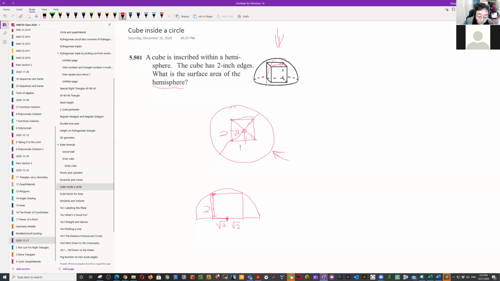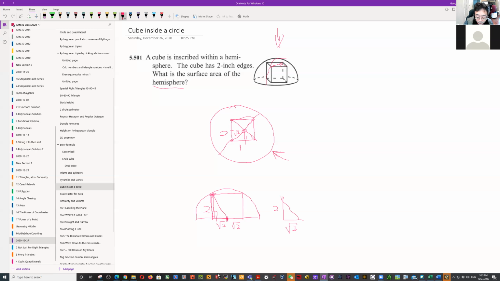But we need to find the radius of this semicircle. So basically, this is a right triangle we're going to deal with. One side is 2, the other side is square root of 2.